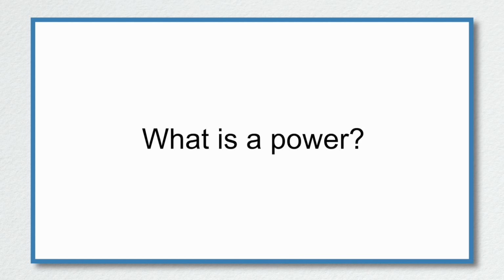So to begin with, let's establish what is meant by a power. Well, a power tells us the number of times a number or expression is multiplied by itself. So for example, if I had 4 to the power of 2, or 4 squared, this is 4 multiplied by 4, which is equal to 16.